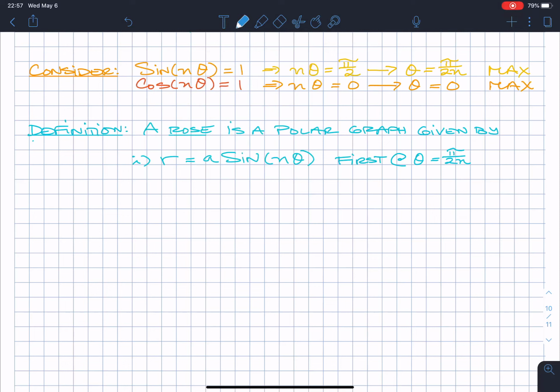And in the second case, we have r is equal to a cosine of n theta, and once again, first. I'll get to what I mean by first in a moment. Along theta equals 0 radians.